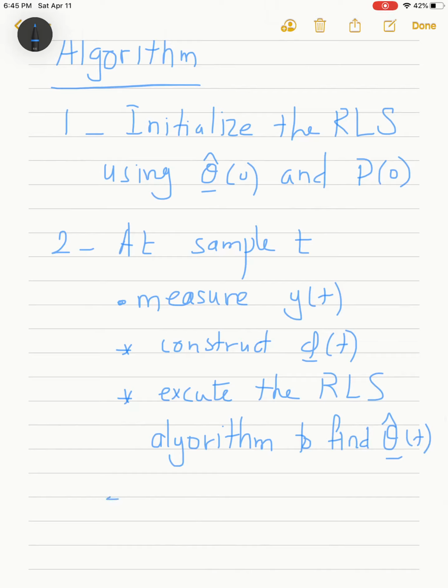And finally, we calculate the control signal u of t.